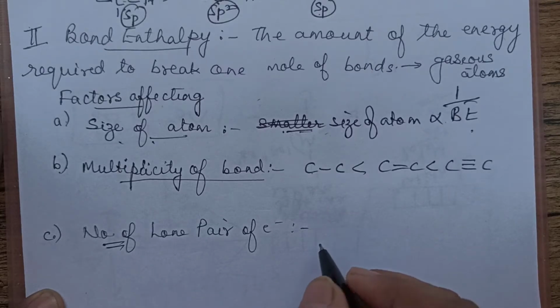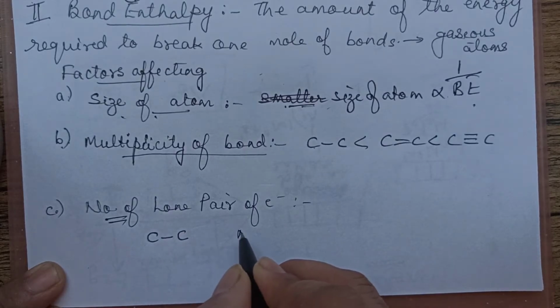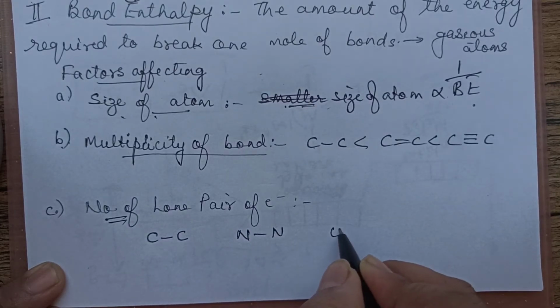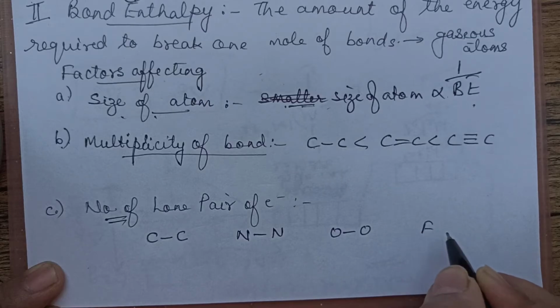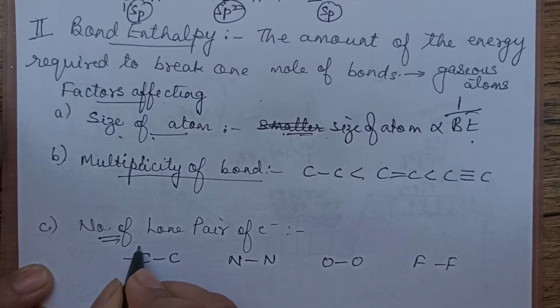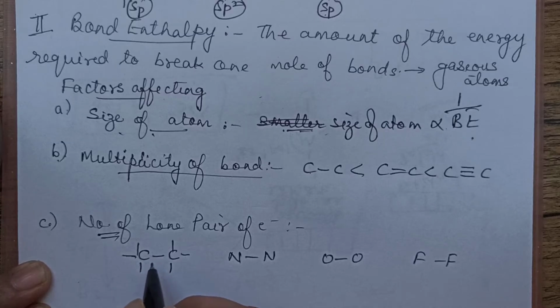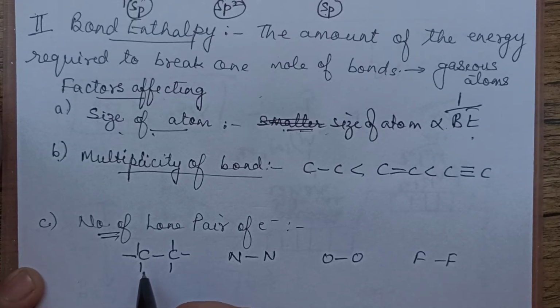Let us compare some examples here. Suppose I am comparing carbon-carbon, nitrogen-nitrogen bond, oxygen-oxygen bond, fluorine-fluorine bond. Right? Let me consider here with respect to alkane. In alkane, all electrons of carbon are utilized. There is no lone pair.